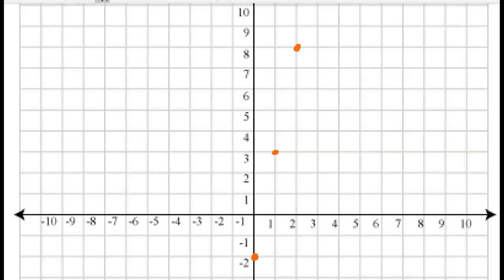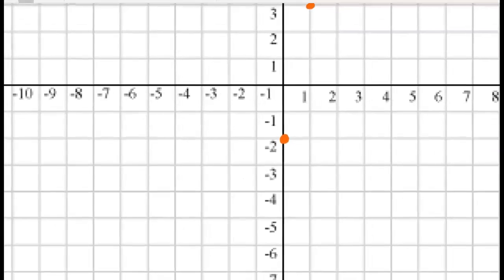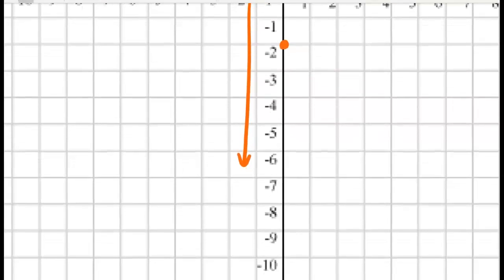When we have x of 3, though, we have y of 13. That won't fit. But when we have an x of negative 1, we have a y of negative 7. So we got to move down to negative 7, and our point would go right there.